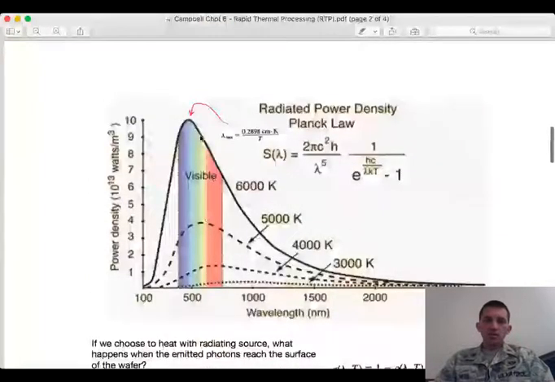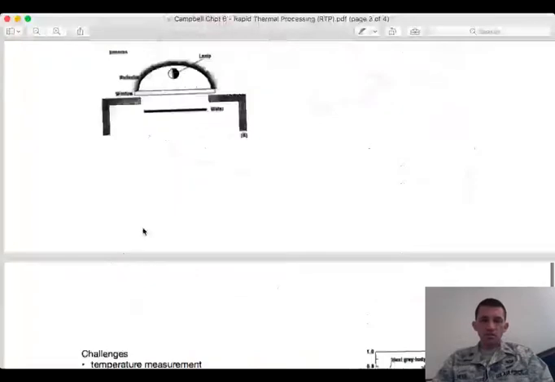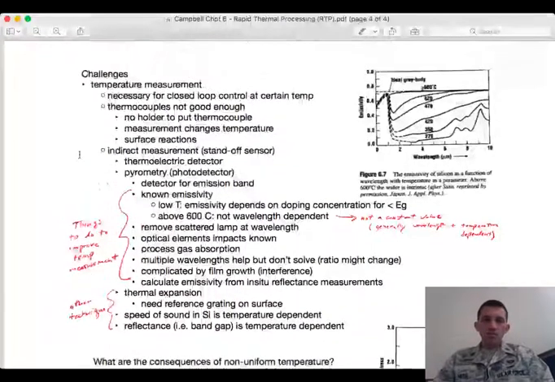Because remember, if I'm looking at, let's say, a 5,000 Kelvin black body, well, if I have a photodetector that's looking in the red versus one that's in the green, that could be a factor of 25% difference or something, right? So that's going to throw off my measurement right there. So I need to know what band I'm looking at, and then I need to know the emissivity of silicon over that band.